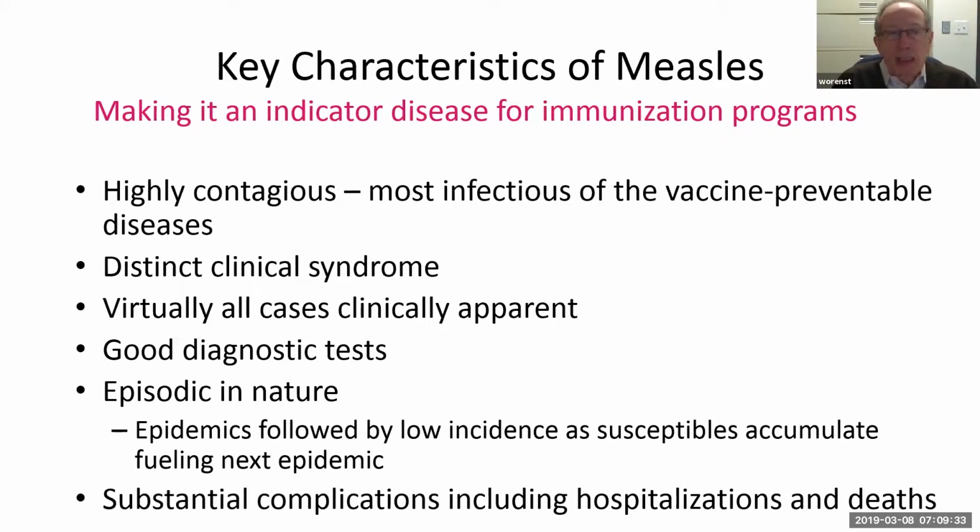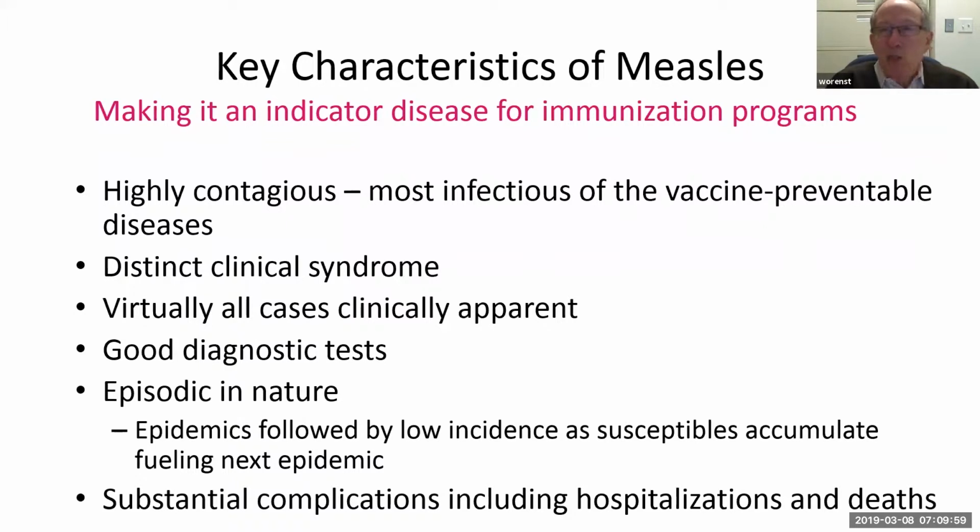Another thing that is very important about measles is it's not constant. You get an epidemic, cases go up, and population susceptibility goes down as a result of both wild virus infection and any efforts that are made to vaccinate to reduce susceptibility, and then disease incidence goes down.